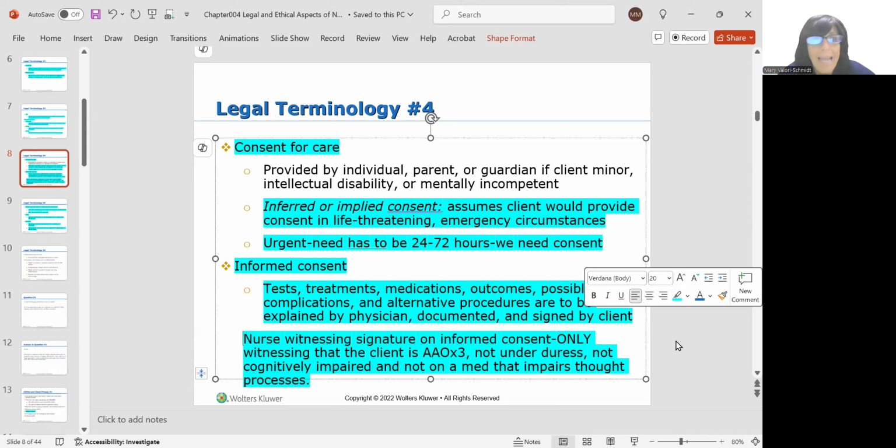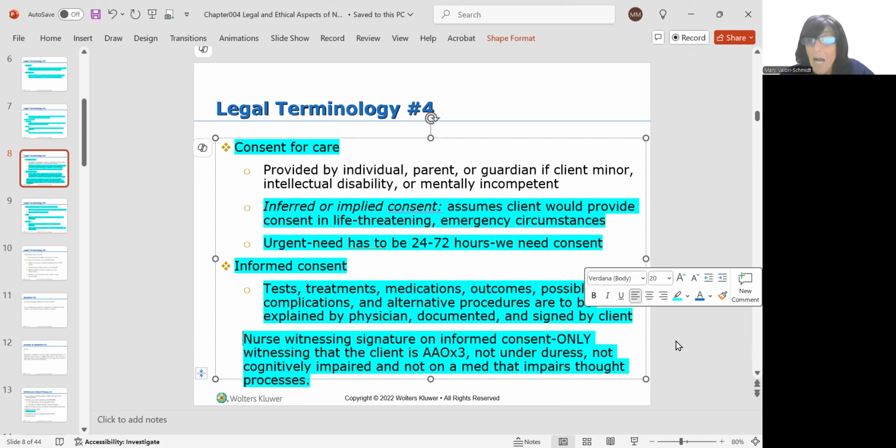What are you witnessing? And this is important because this is a board question. You are only witnessing that the client is awake, alert, and oriented ×3, not under duress. In other words, no one is standing there pointing a gun at him and saying, you have to sign. He's doing it of his own volition.